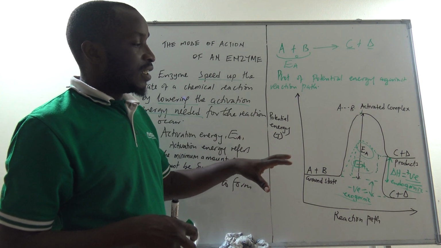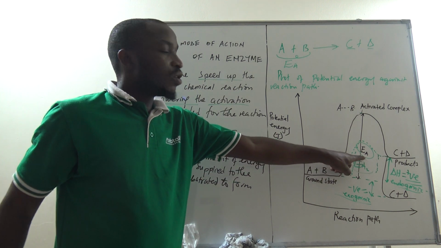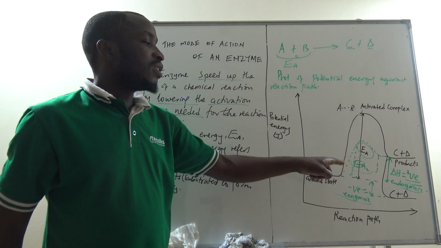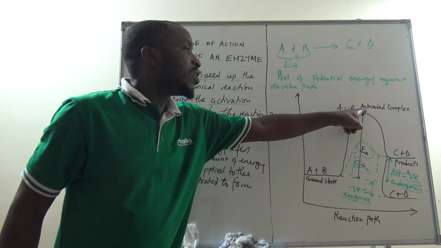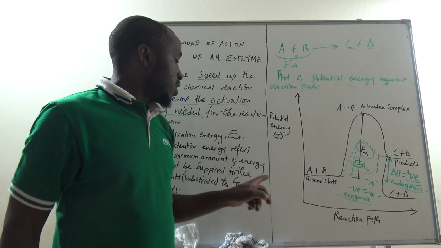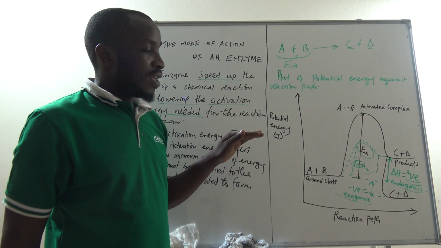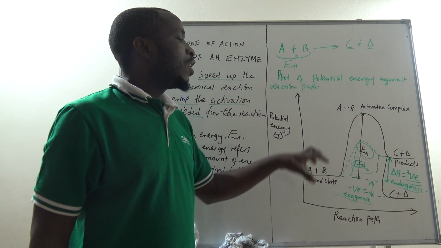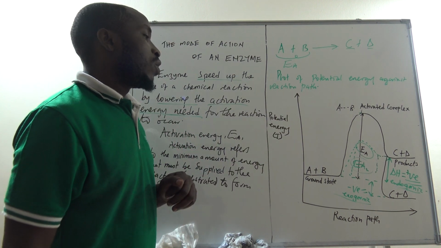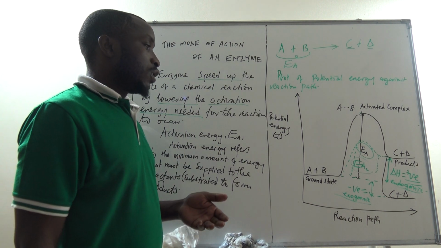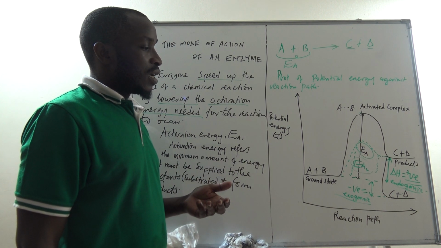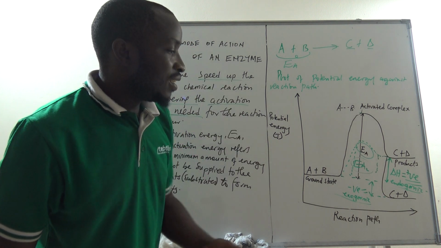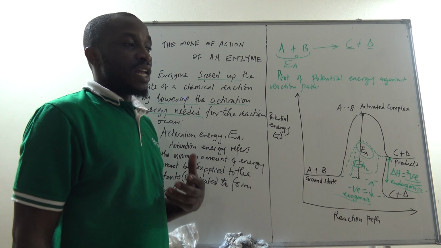Cellulose will be digested so long as the activation energy is made. So when we say something is very stable, it means the activation energy needed for it to react is too high, to the level that to attain it, you supply a lot of energy, which in some biological processes is impossible, and we end up saying such reactions are impossible, or the reactant is inert, but there is nothing that is inert.